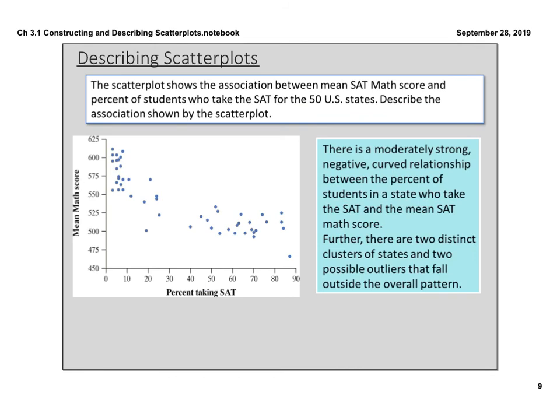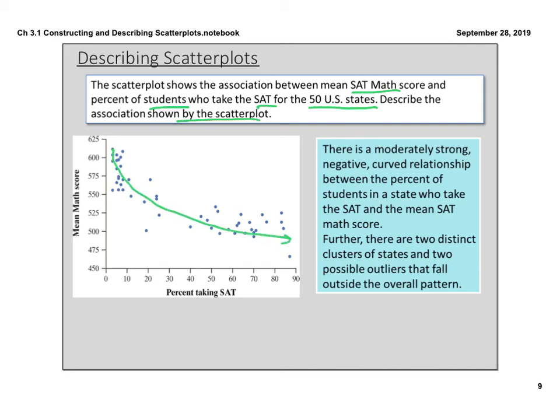All right, so let's talk about how to describe the relationship here. I see that my relationship appears to be negative. It says the scatter plot shows the association between the mean SAT math score and the percent of students who take the SAT out of the 50 United States. Describe the association shown in the scatter plot. So for the percent of students taking it and the mean math score, it almost appears as if this relationship looks curved.